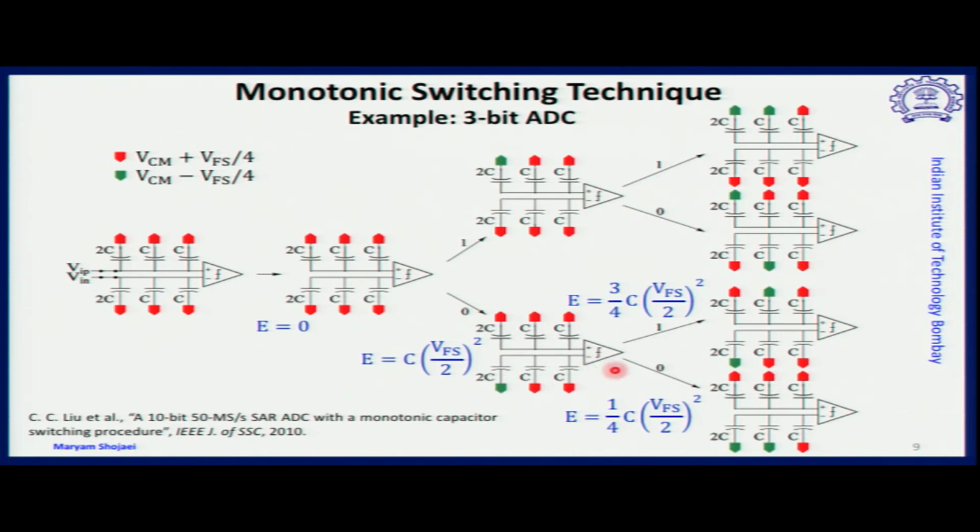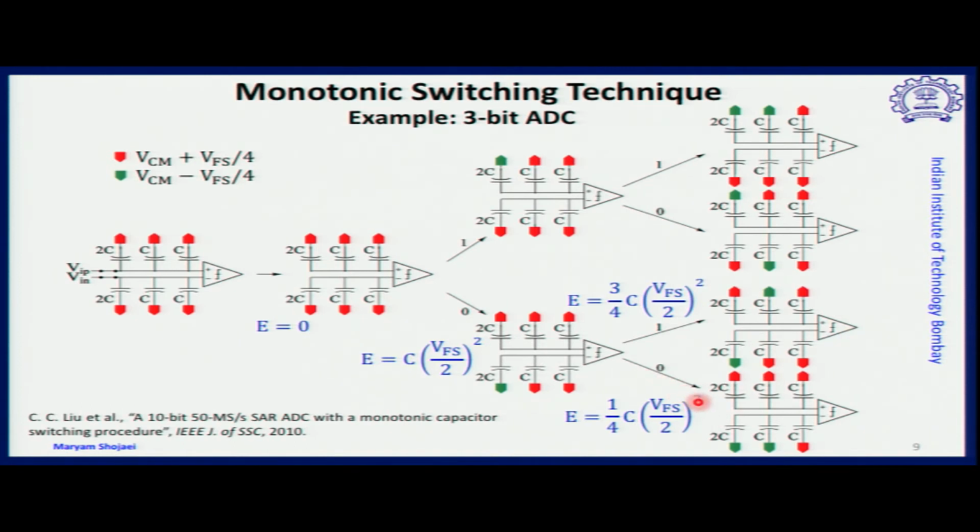If we continue in the same path, we again have two conditions for the comparison. If the output of the comparator is 1, that means our assumption has been in the opposite direction. So we have to now reduce the effect of VXP, which is done by connecting only VXP to VCM minus V full scale by 4, and the negative half circuit will not have any switching.